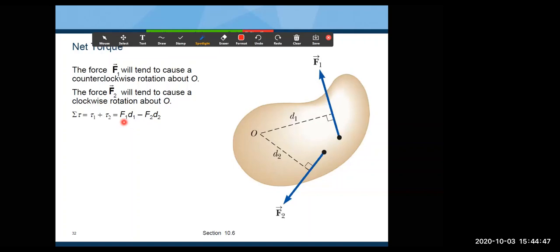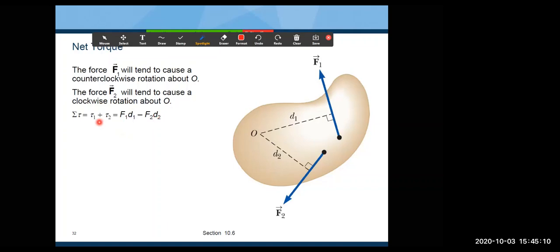So F1 times D1 is a positive torque because it generates rotation in the anti-clockwise sense. The torque F2 times D2 generates rotation in the clockwise sense, and that is a negative torque. So that is why we have a minus F2 times D2.